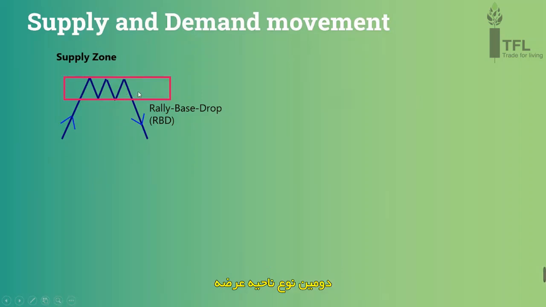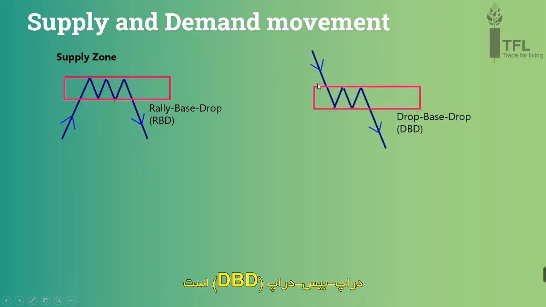The second type of supply zone is drop base drop, DBD. It's a drop base drop, and this will be the supply zone. If you look at both movements, the end result is that it's pushing the price downwards, or in other words, it's selling.